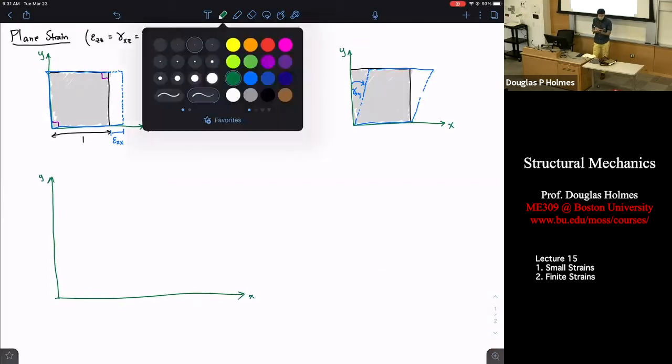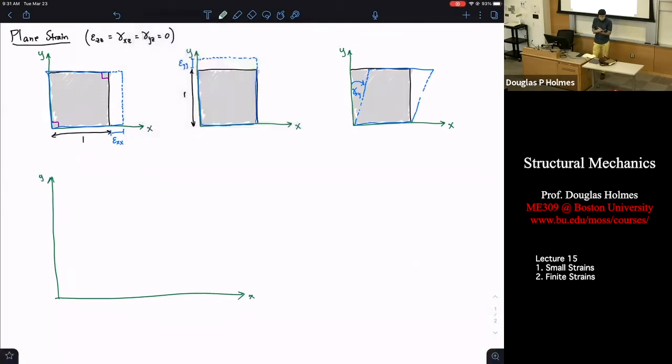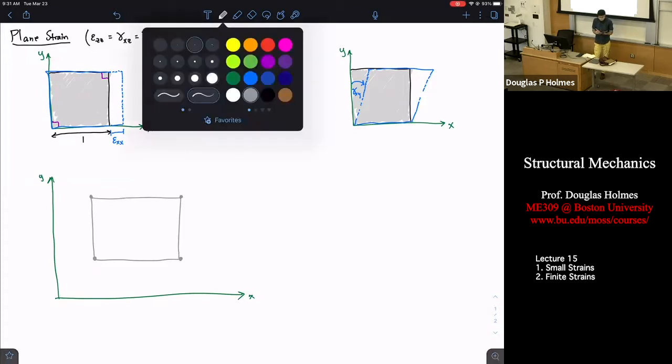I will again draw my structure here. We can label all these points.